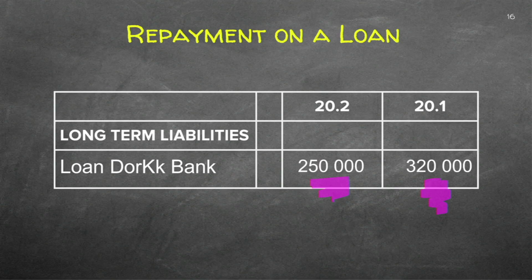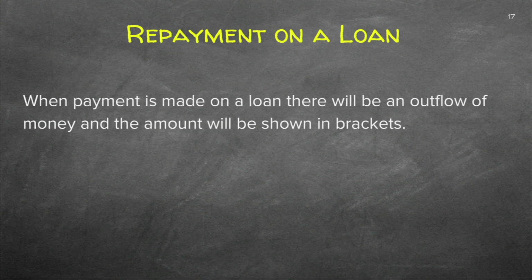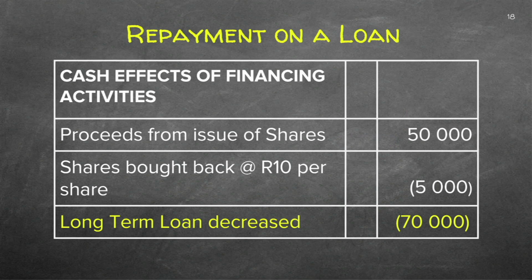So obviously we have paid back 70,000 Rand. And when a payment is made on a loan, we are paying, therefore there will be an outflow of money, and so the amount will have to be reflected in brackets in the cash flow statement.